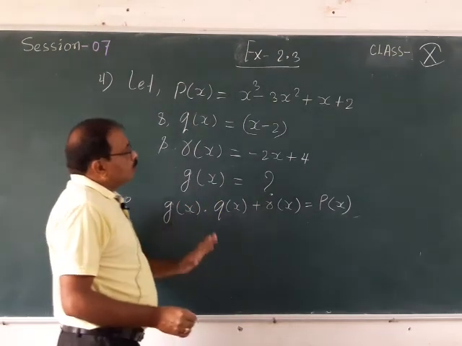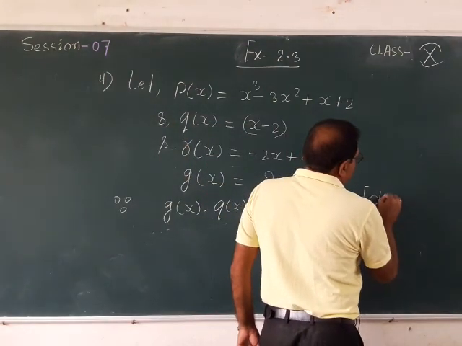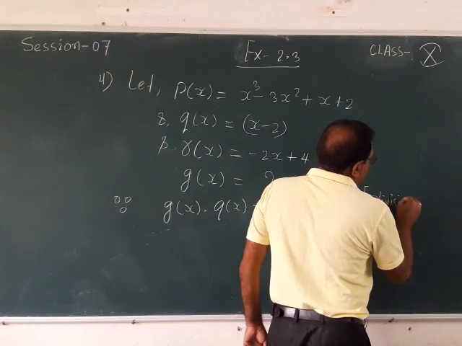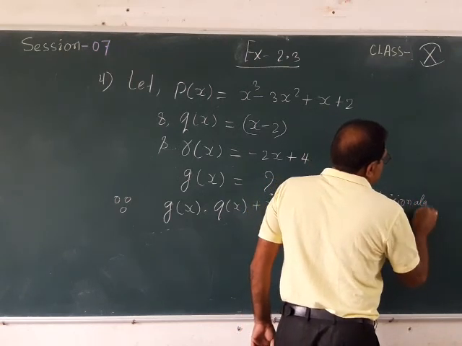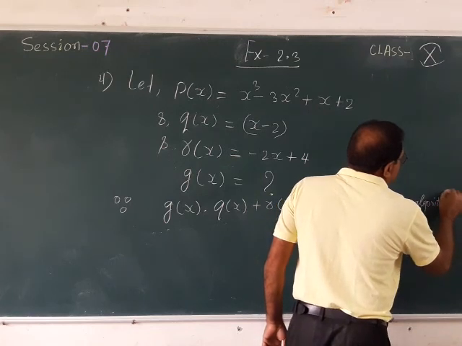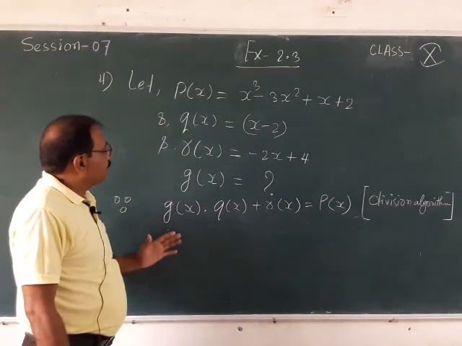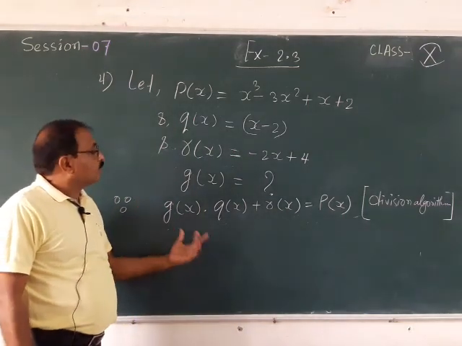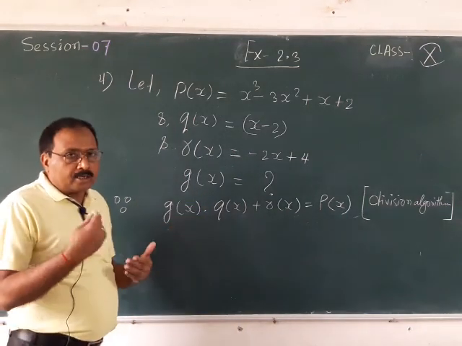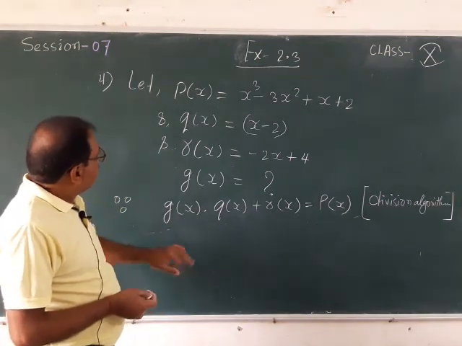This is known, and this is our division algorithm. I have written it because it is the division algorithm. Just the things which are written at the right side, this time I have written at the left side.